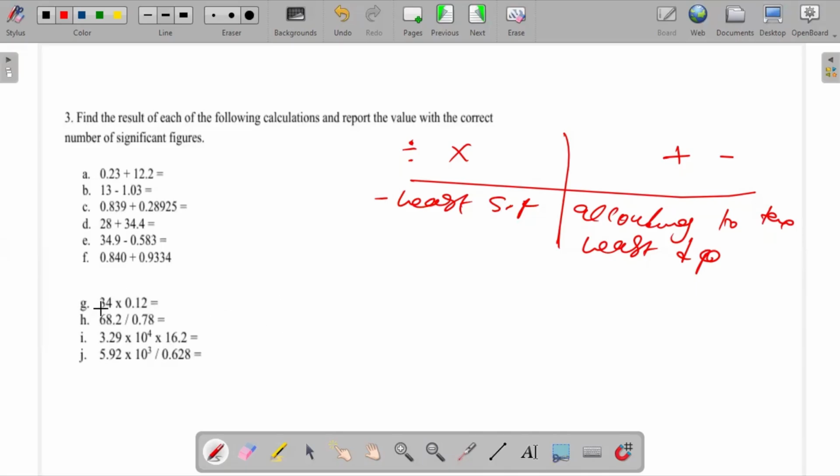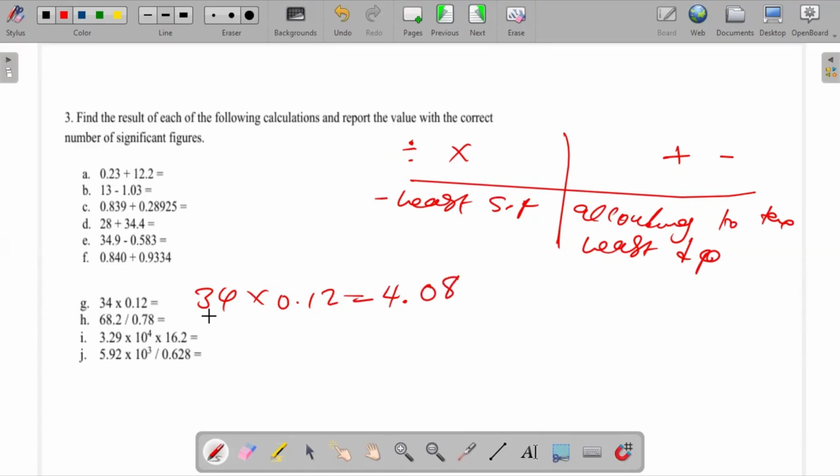So let's use this one here as an example. Having 34 multiplied by 0.12. What are we getting there when you multiply? Give me the whole answer. 4.08.